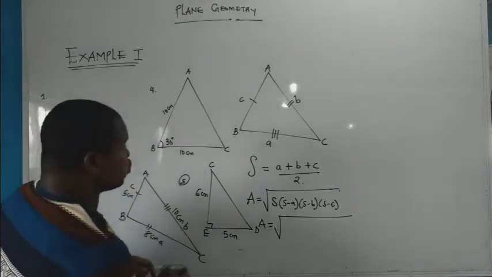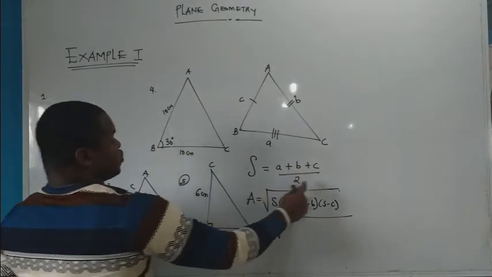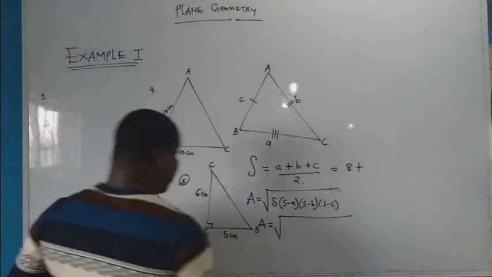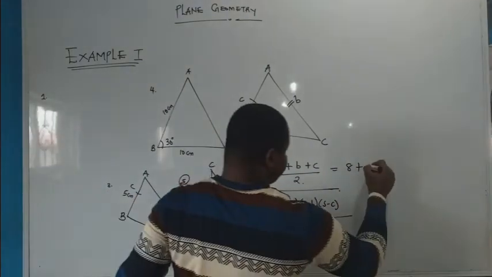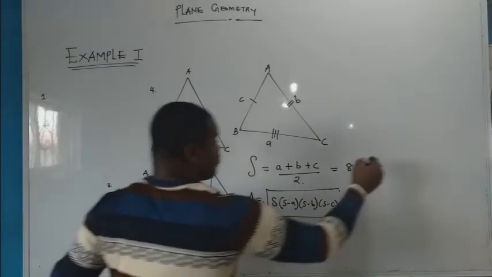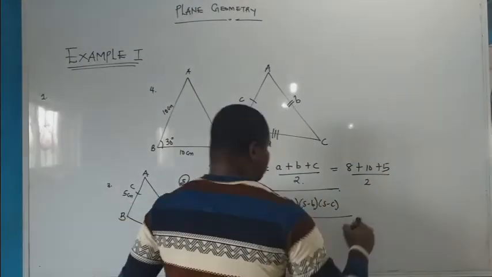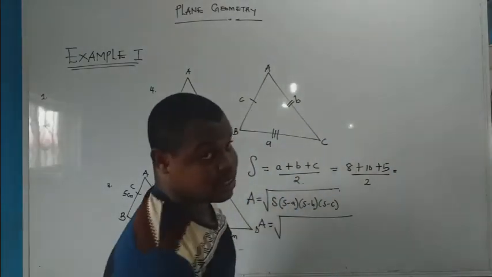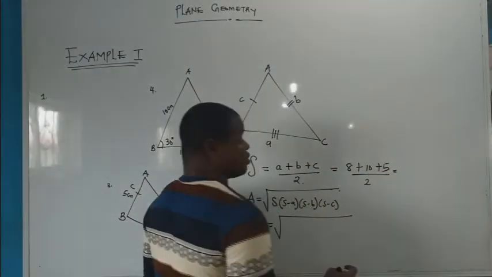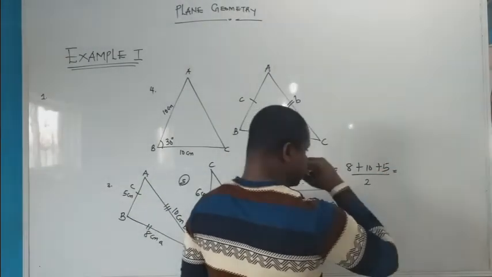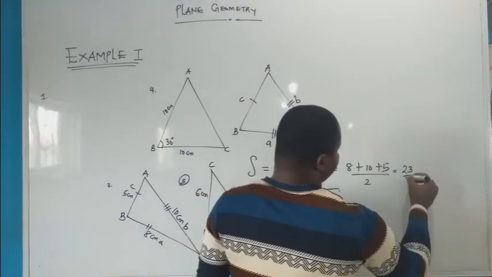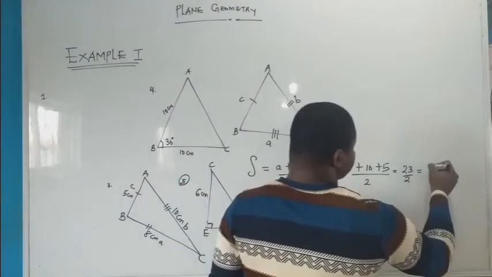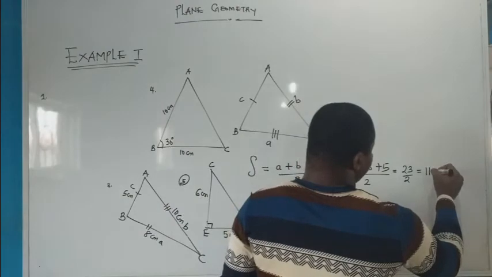So s is equal to a plus b plus c over 2. What is our a? Our a is 8. Our b is 10. And our c is 5, over 2. So s is equal to 8 plus 10, that's 18, plus 5, making it 23. So 23 over 2 gives us 11.5.